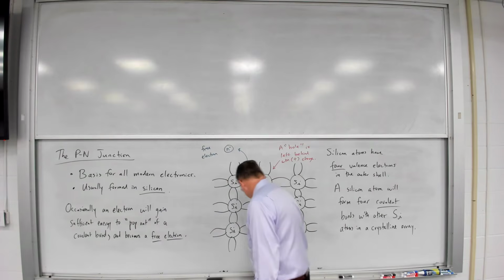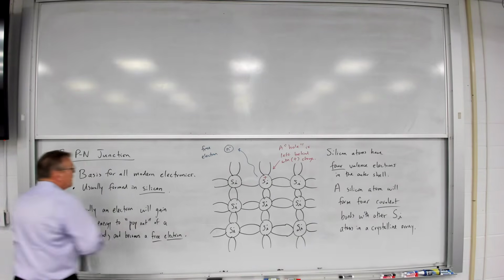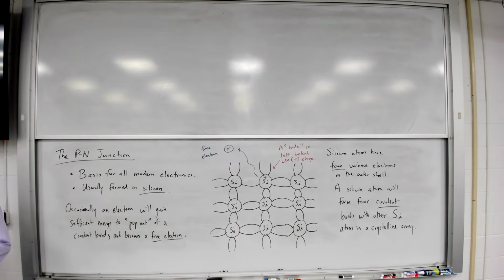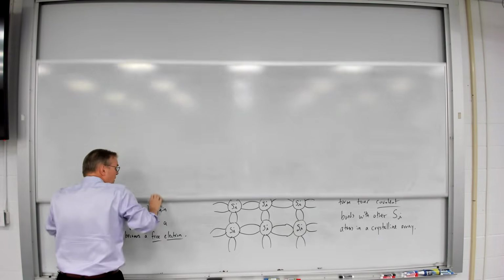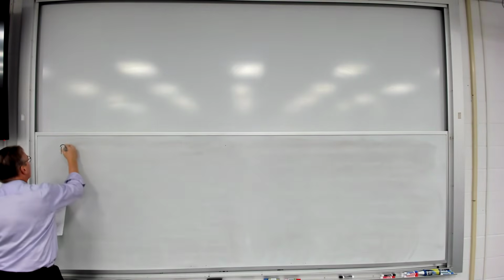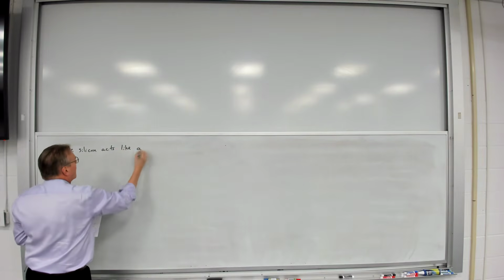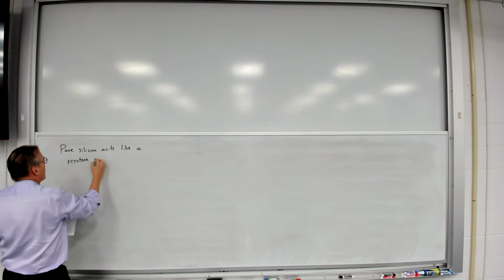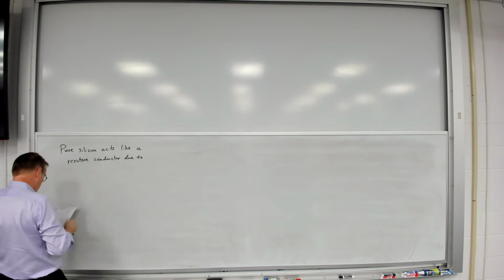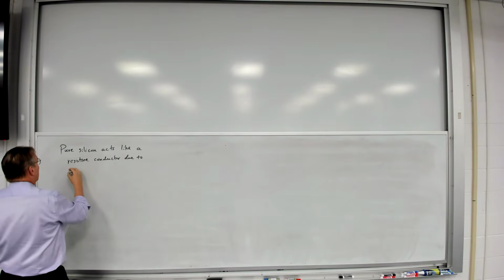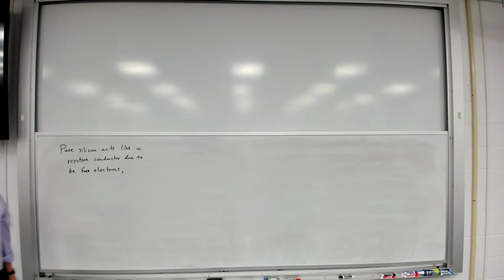So silicon, in its pure form, due to these free electrons, is a conductor, but it is really a very resistive conductor. So it's a conductor, but it's not a very good conductor.